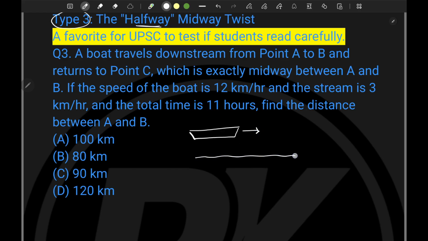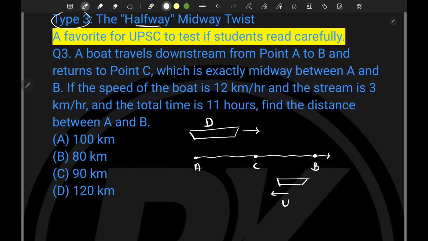Let us say the stream is flowing in this direction, and the boat is going from point A to point B, and it returns to point C. That means from B till point C it is covering upstream, right? So this is downstream, this is upstream, and the boat is coming back to point C.